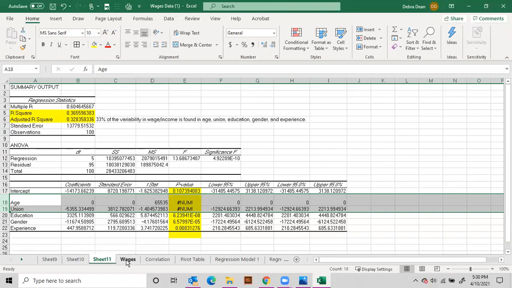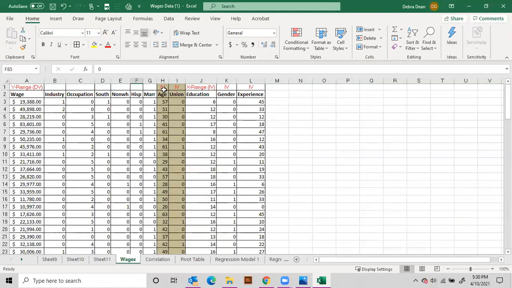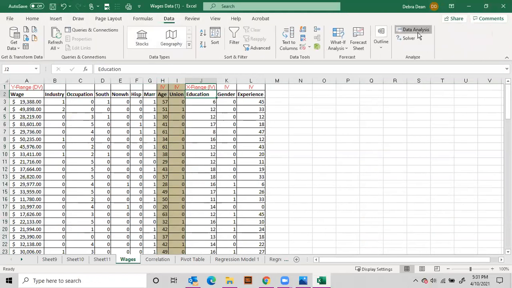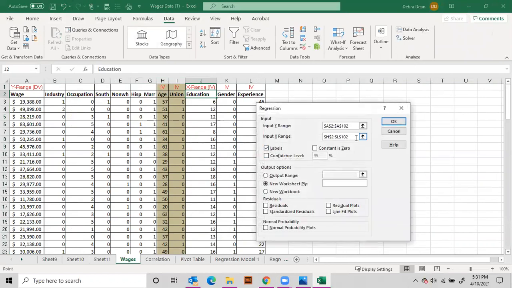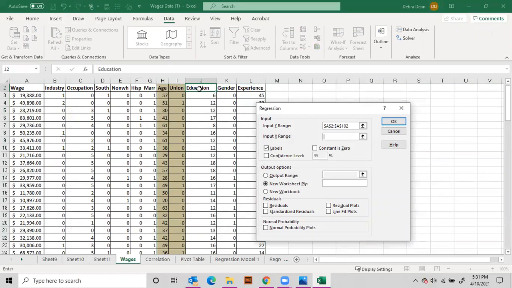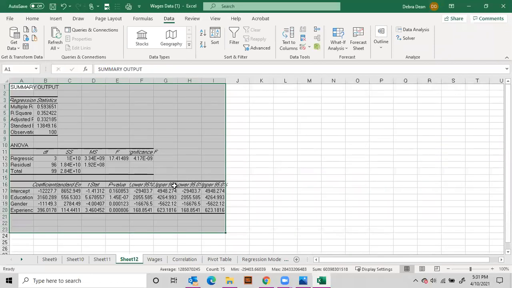We'll go back to wages. We'll come up here, and that's why I highlighted these two, because we don't want these in the table anymore. Now what we'll do is go back to data, data analysis, regression, and instead of all of those, we'll just put education, gender, and experience in our table. Okay, now we get a brand new table.